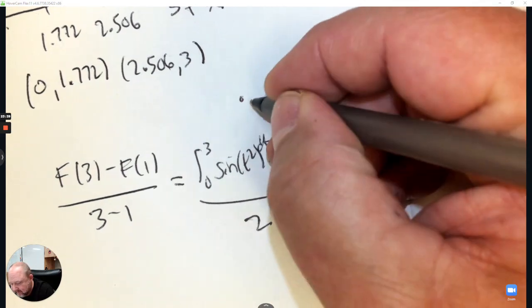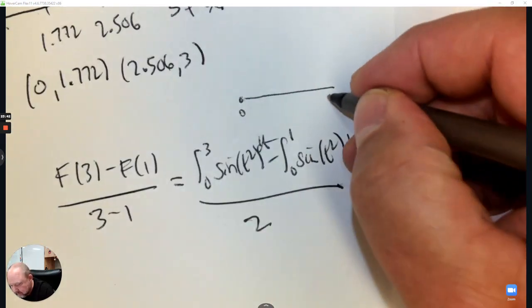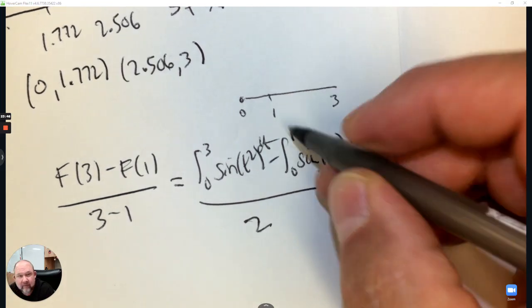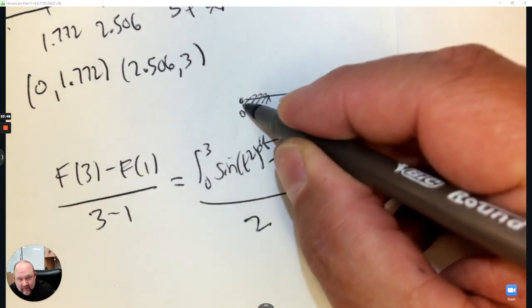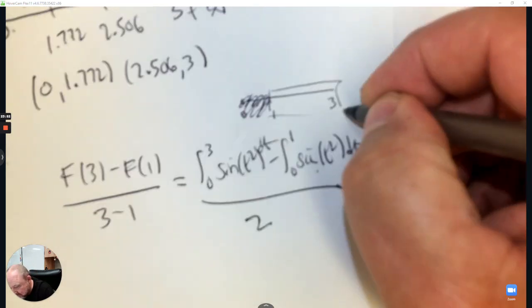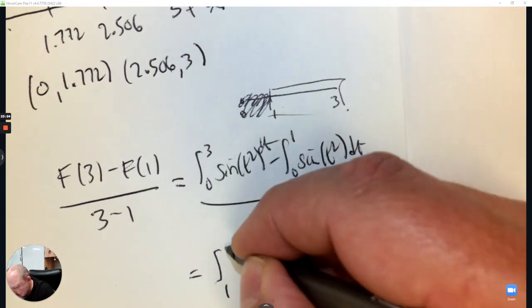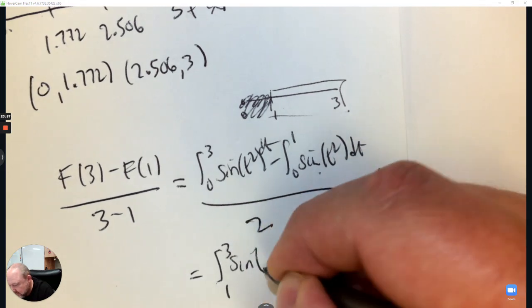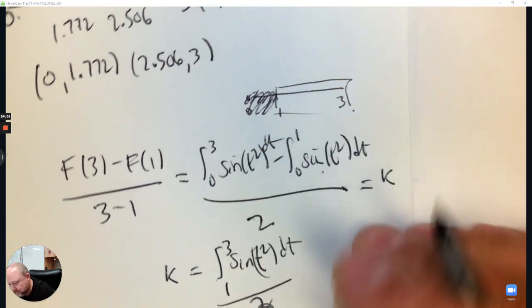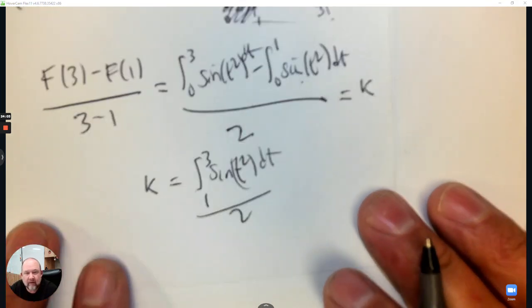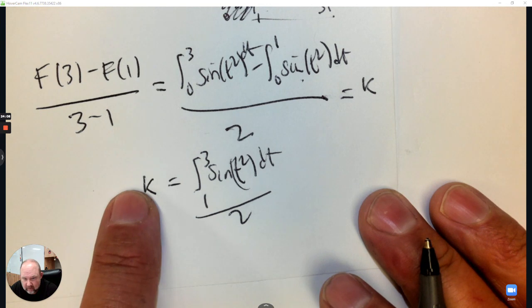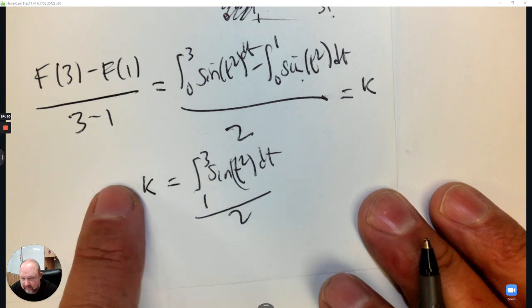So if I find the area from 0 to 3, and then I subtract the area from 0 to 1, so if I subtract this area away from 0 to 1, what's left is 1 to 3 of what I'm looking for. So it's an awkward question, but it's good to think through it. And the question is, what is that? So we're going to solve for K and then multiply it times 2.